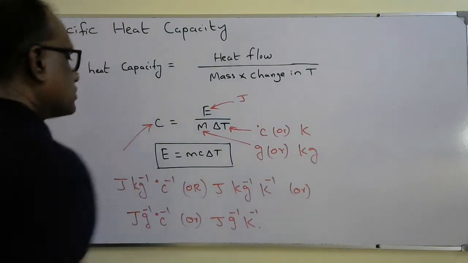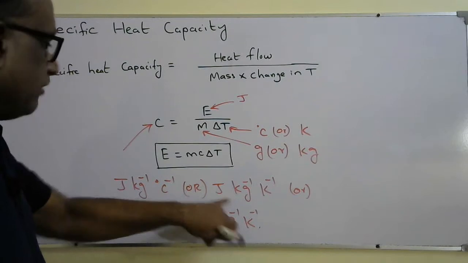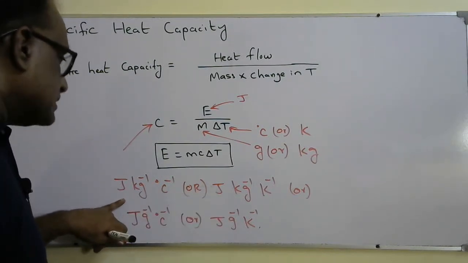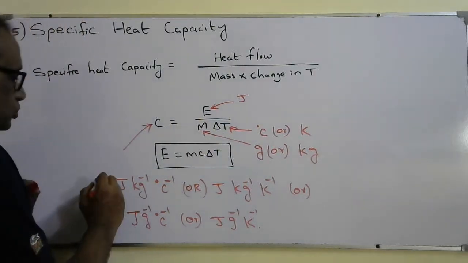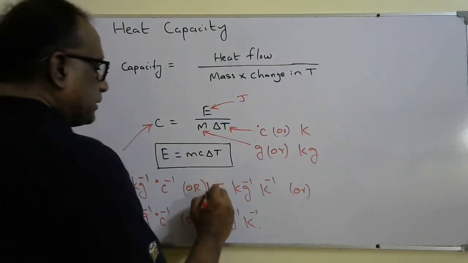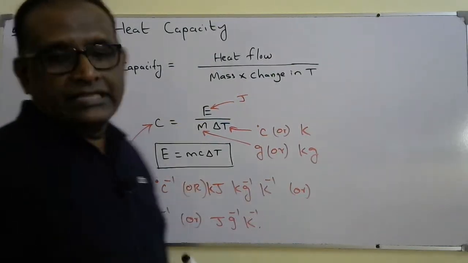Either way we can use, no problem, but normally we use either joule per kilogram per Kelvin or joule per kilogram per Celsius. Sometimes if the energy flow is larger, we put kilojoule per kilogram per Celsius or kilojoule per kilogram per Kelvin.